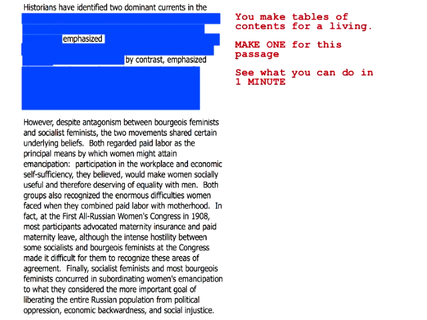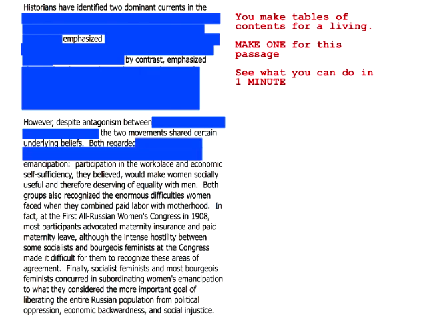And then we have this. However, despite antagonism between them, those have to be the same two groups that we were just talking about before. The two movements shared certain beliefs, both regarded something. I don't care beyond that point.